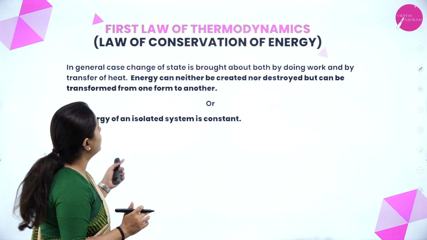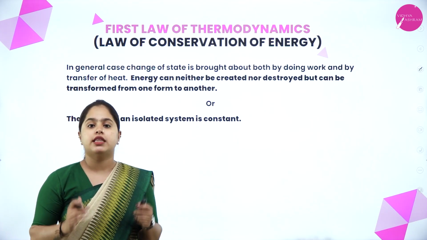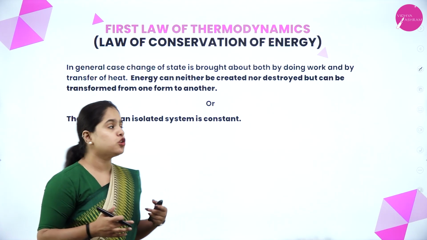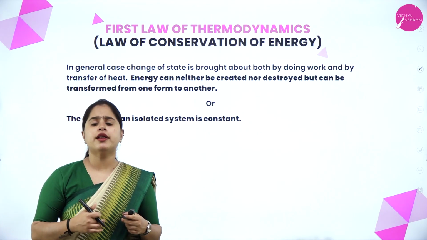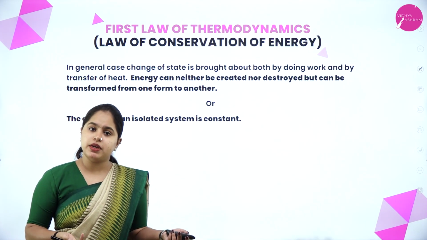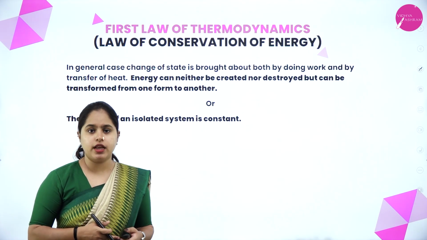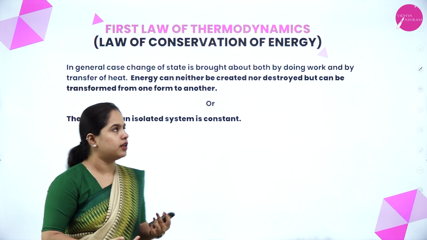Okay, now coming on to the next one, that is very important, that is the first law of thermodynamics, or it can also be called the law of conservation of energy. So you already know what is law of conservation of mass. So what is it? Mass can neither be created nor be destroyed, right? So same way, law of conservation of energy. What does that mean?